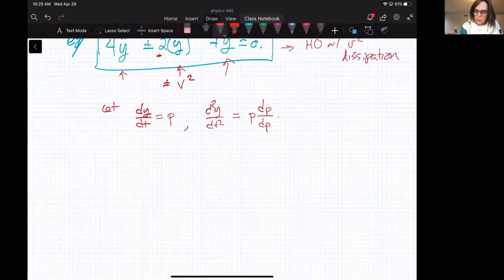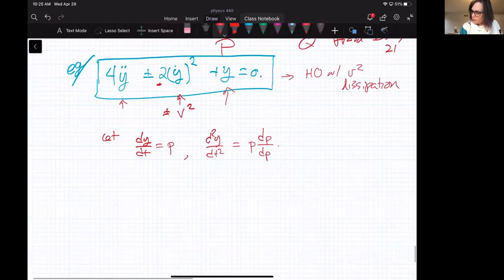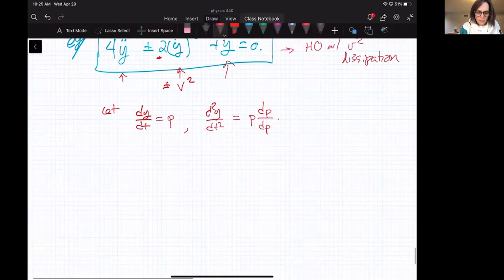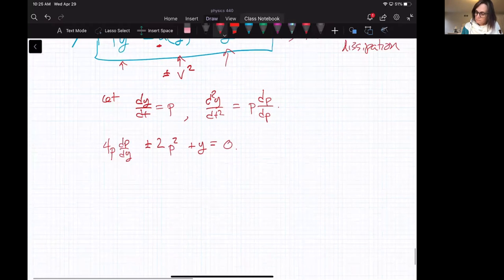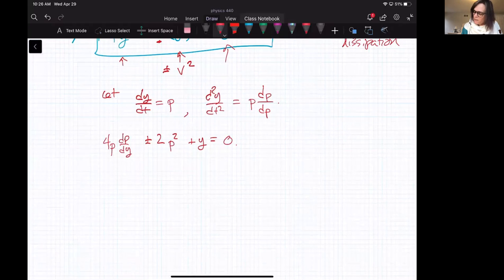All right, so we can rewrite this equation up here as our goal. So now we have 4 little p dp/dy plus or minus 2 times little p squared plus y is equal to 0. Okay, so far so good.